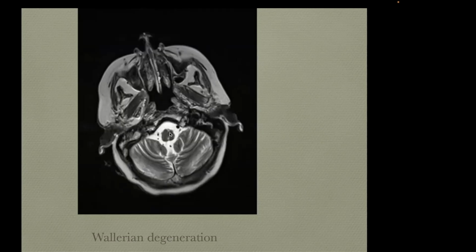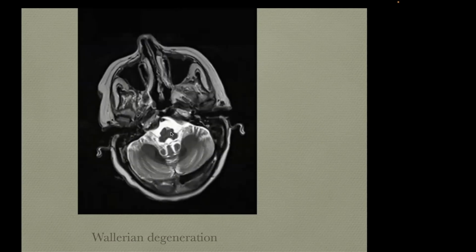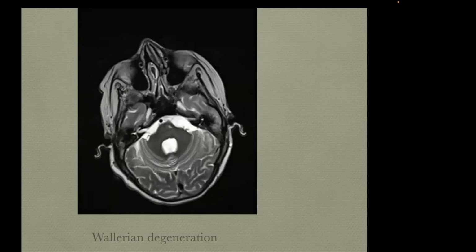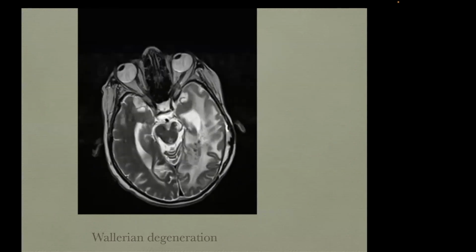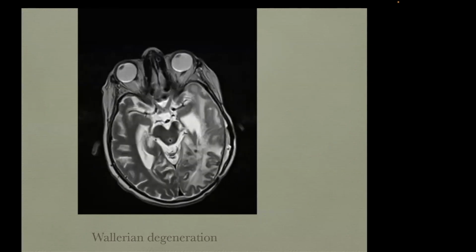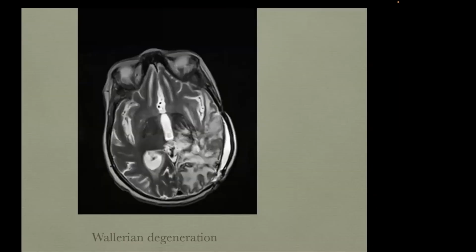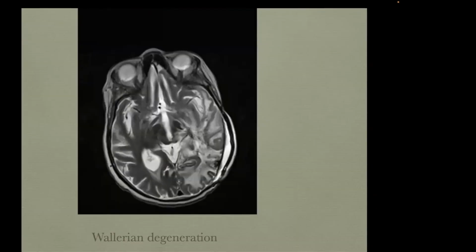Now we have Wallerian degeneration here in the pyramid, which illustrates the pyramid. Here's the olive, which is also a little small on that side. And as we move up, we see now there's high signal intensity in the left pons and in the midbrain at the cerebral peduncle. And here you see the insult that caused the Wallerian degeneration.